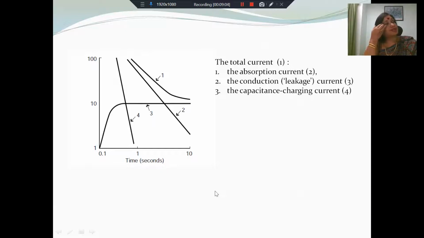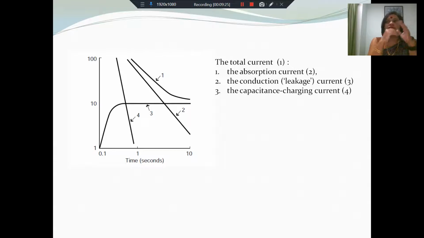So that means this gives us an indication of what to expect from an insulation at different points of time. And this also gives us the idea that by making our measurements, we will be measuring current, measuring resistance. But because the currents will be changing with time, the resistance will also change with time.